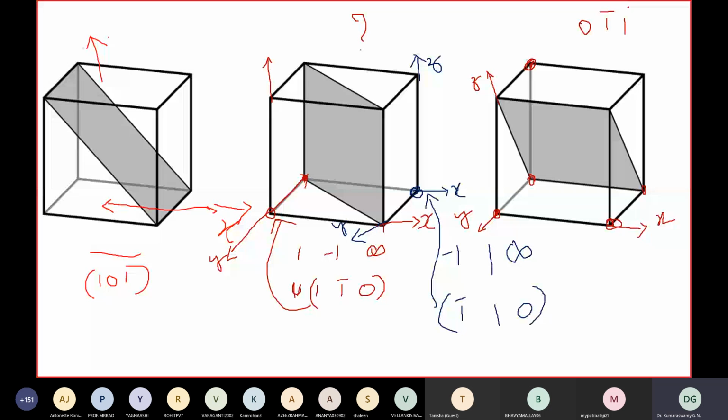You can even take this one. If you take this one, y becomes, this is y, this is z. Okay. And this is x.